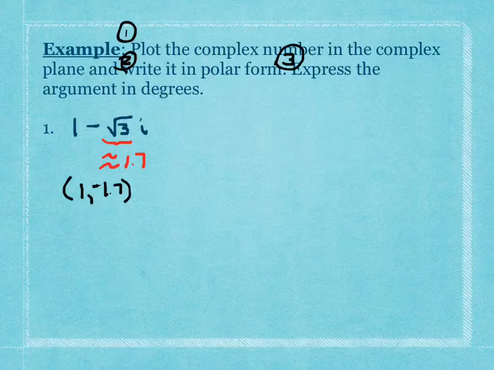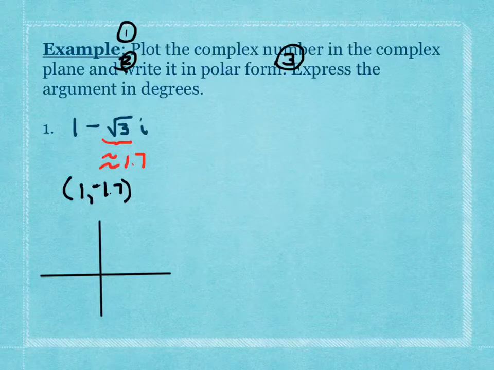So we have our axes, and we're going to mark our axes out to 2 in each direction. We're going to go over to 1 on the x-axis and down to negative 1.7 for the y-axis, and so we're roughly at this point right here. This is my point z. We'll give it a name.